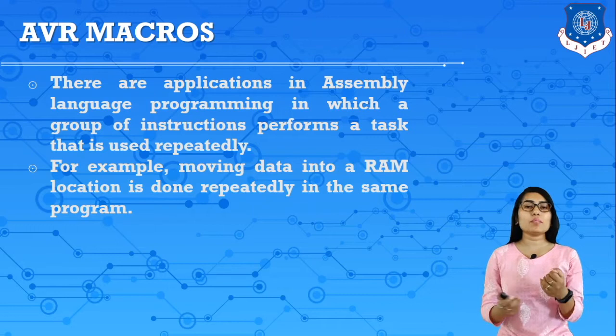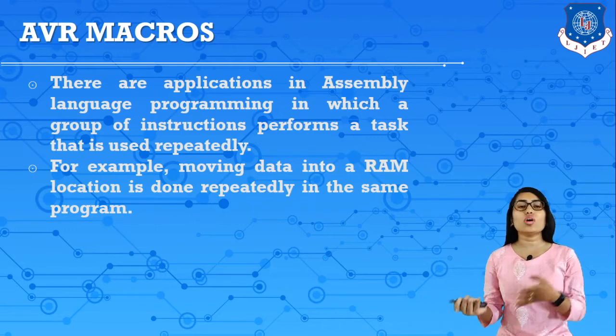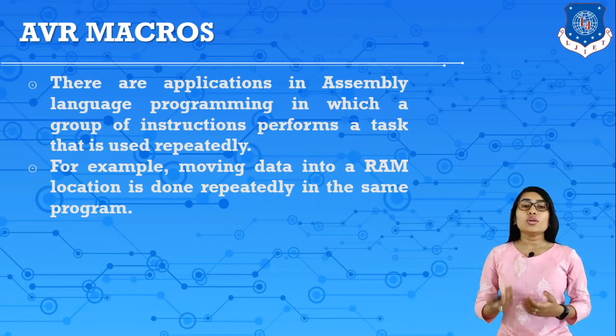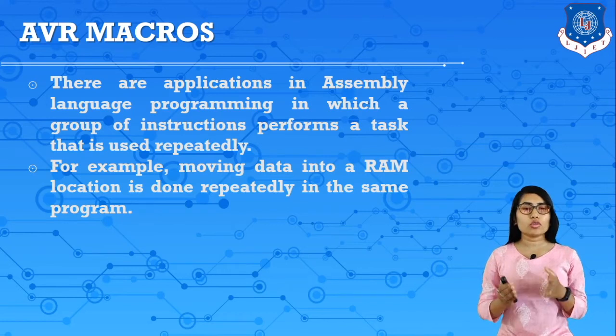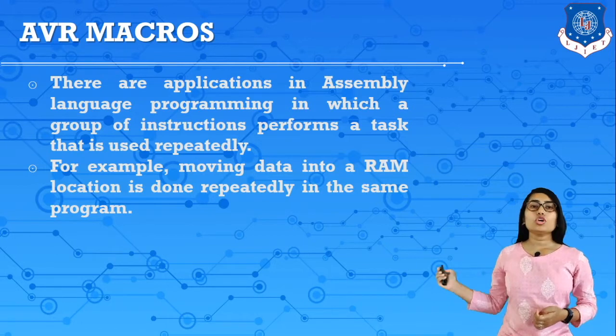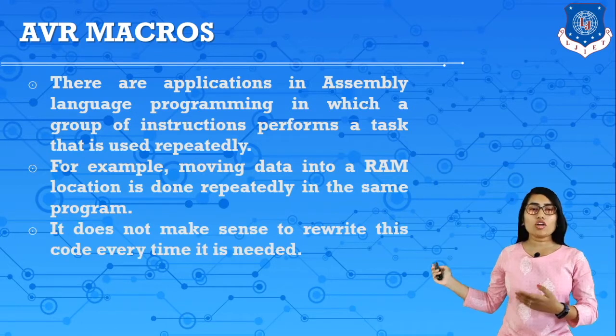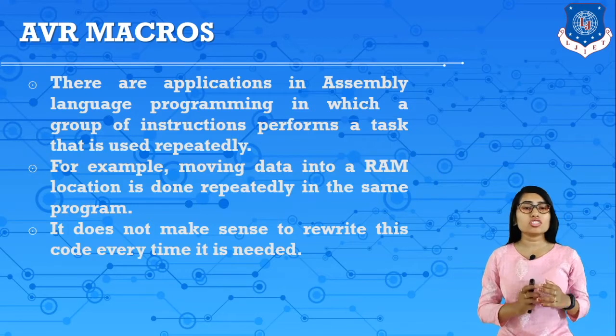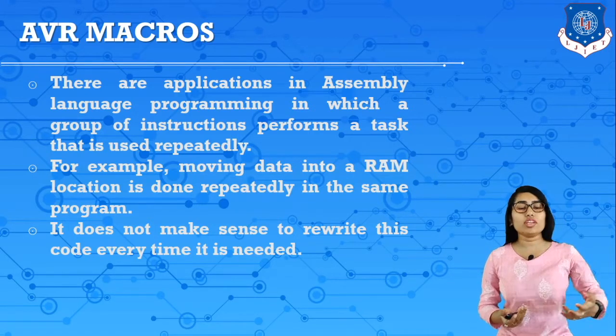For example, moving data into a RAM location is done repeatedly in the same program. Moving data from memory is repeatedly performed in the same program. So there is a need for macros, because it doesn't make sense to rewrite this code every time it is needed.